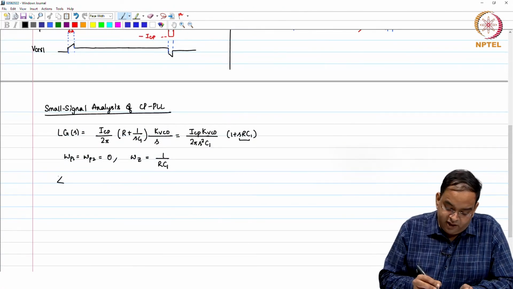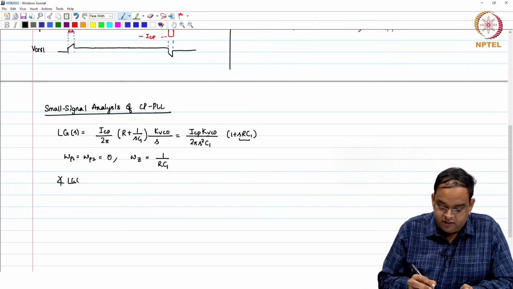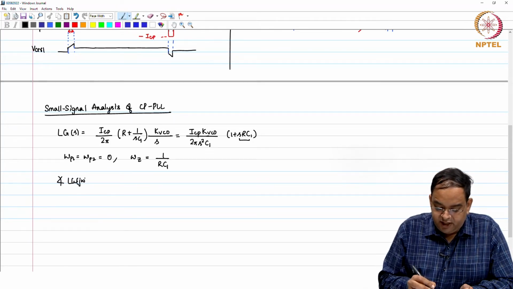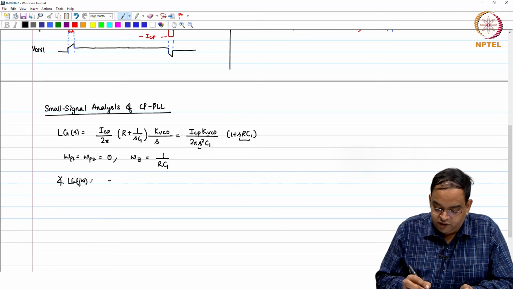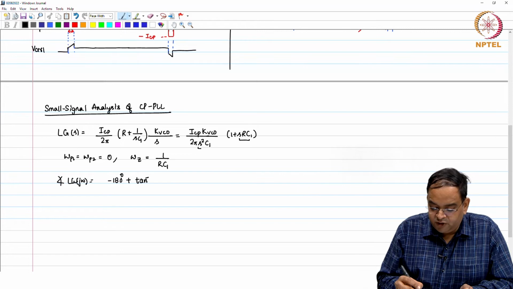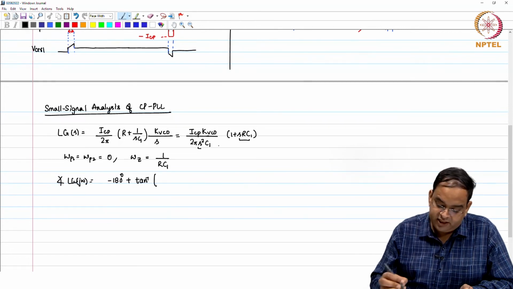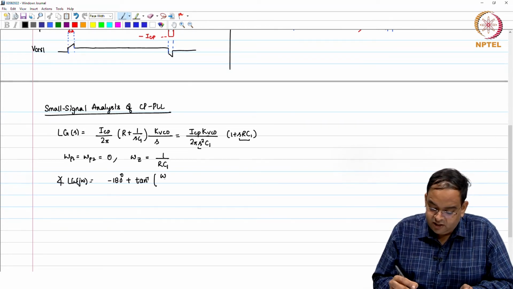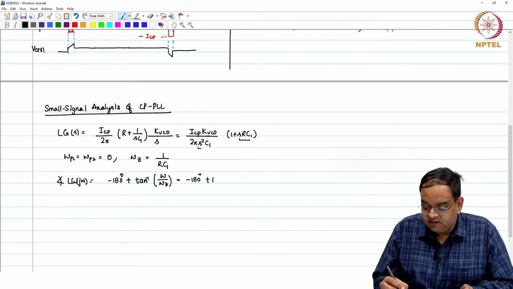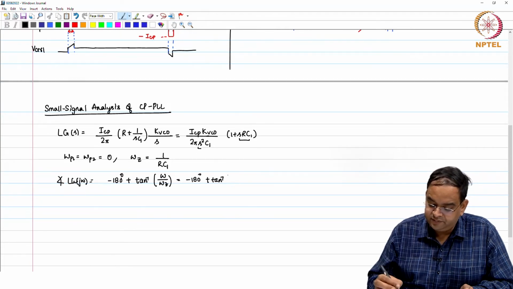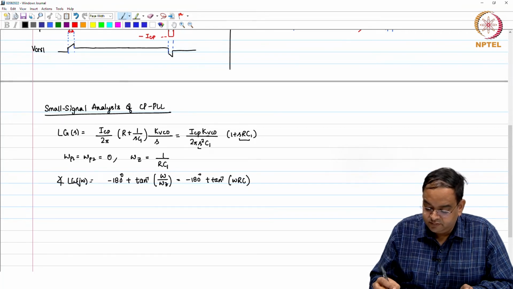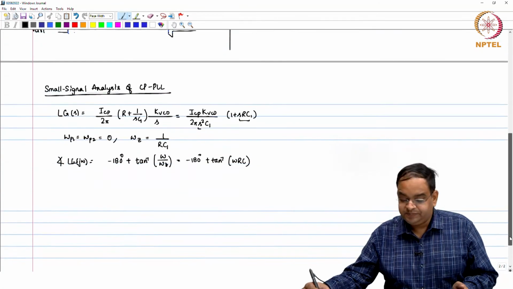Okay. The angle of the loop gain is given by: the two poles contribute minus 180 degree, and because of the 0 you have an additional phase, so minus 180 degree plus tan inverse of omega by omega z, or minus 180 degree plus tan inverse of omega R C. Okay.